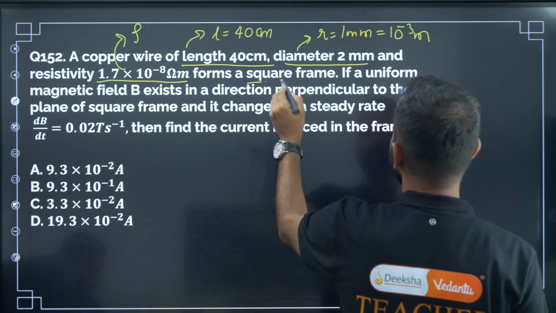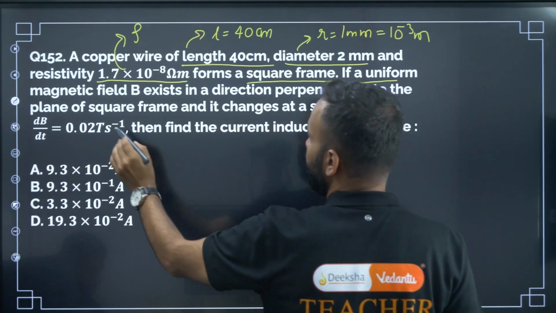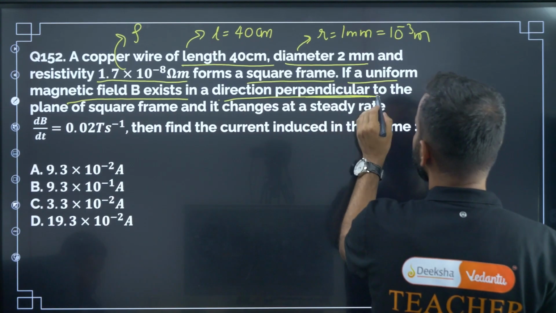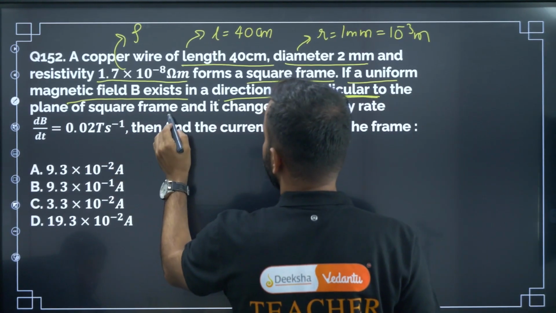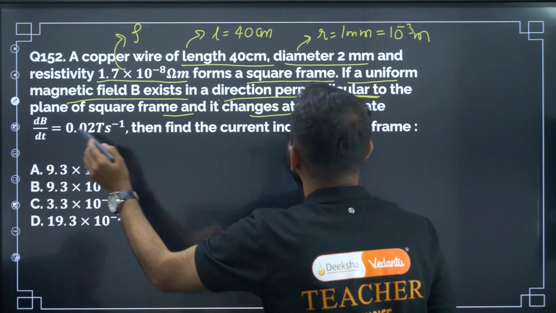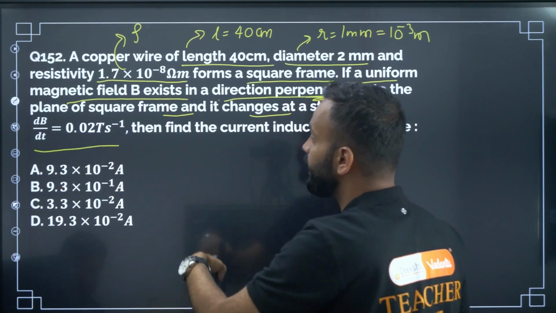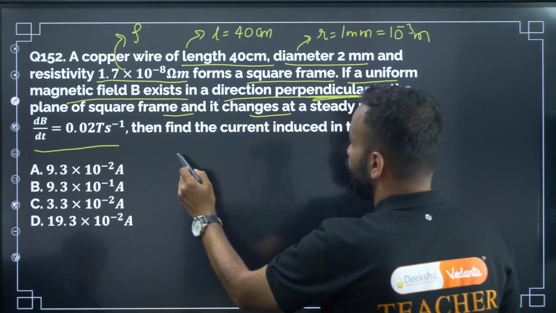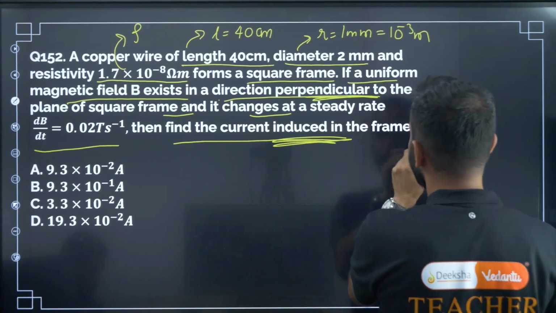The wire forms a square frame. A uniform magnetic field B exists in a direction perpendicular to the plane of the square frame and it changes at a steady rate, dB by dt equal to 0.02 Tesla per second. Then find the current induced in the frame.